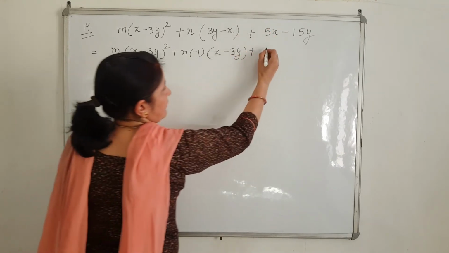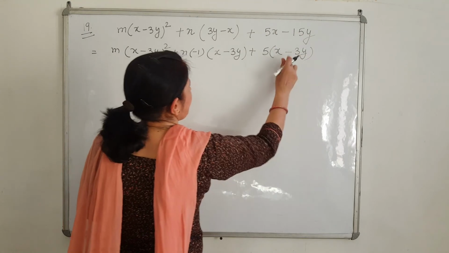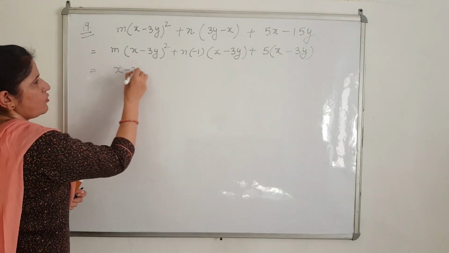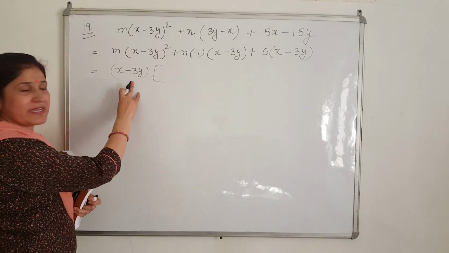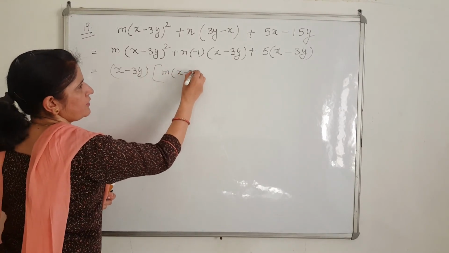From here 5 is common: 5 ones are 5, 5 threes are 15. Now you can see x − 3y is common. From the first term, if you divide this full term by (x − 3y), m will be left and (x − 3y).